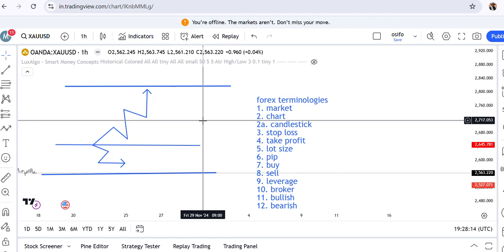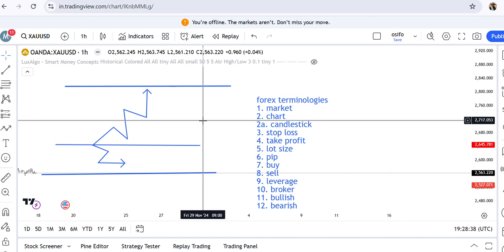It's okay, this is the amount I want to risk. This lot size is what helps you determine the amount you would want to be risking per trade in your account. That's the meaning of lot size. As we go into practical examples, you will understand what lot sizing is all about.